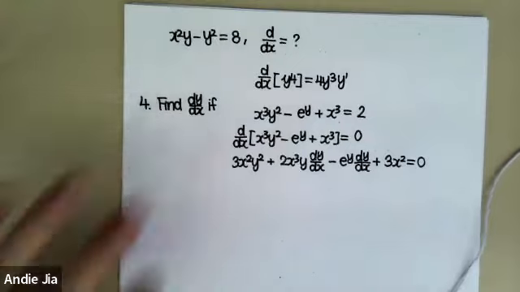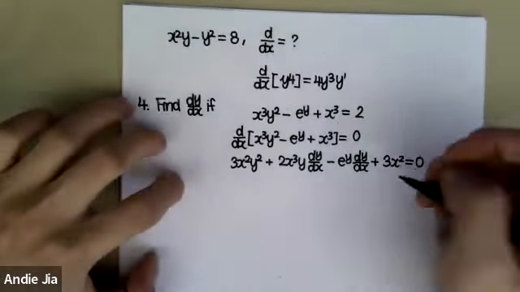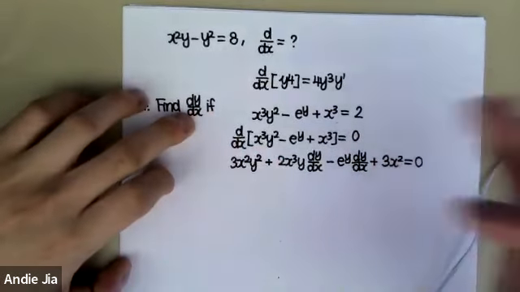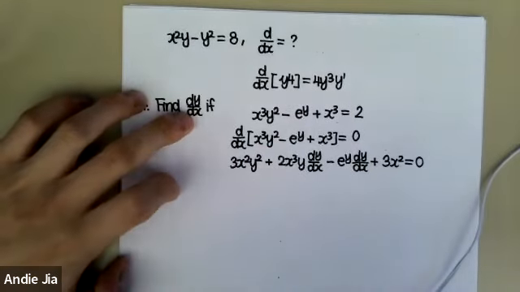And now if you want to find what dy/dx is, you need to combine the terms with dy/dx together on one side, and all the terms without dy/dx on the other side.